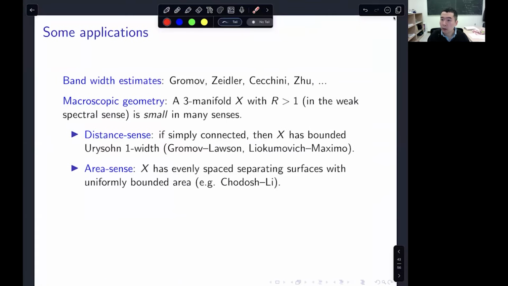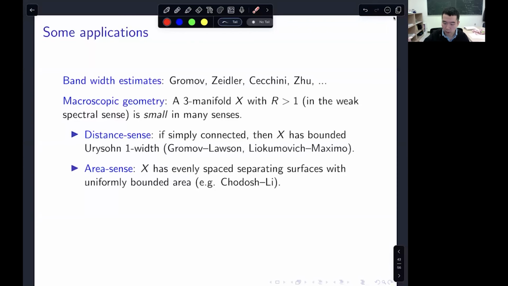And also, it's small in the area sense. So previously, I said you can talk about the area of the pre-image. So in this case, what Otis Chodosh and I did, implicitly in our work, is that for 3-manifolds with this condition, this X has evenly spaced separating surfaces. So these are 2-dimensional surfaces with uniformly bounded area.